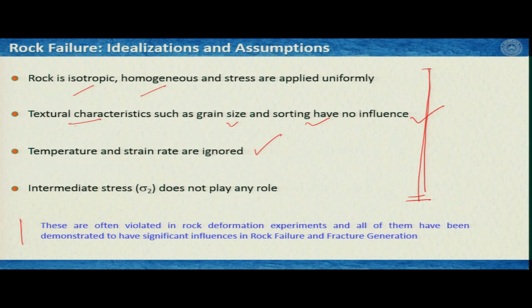So, all these things are not considered in actual rock deformation experiments, but these are some thumb rules that one has to test at the very beginning to understand the essential parameters that one can vary in rock deformation to understand the fracture patterns and other processes of brittle deformation.